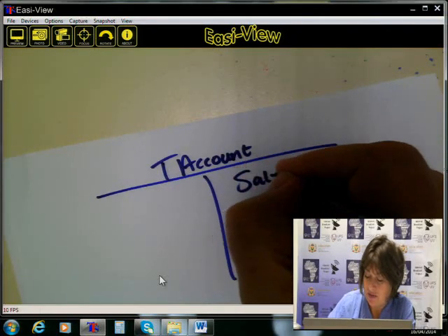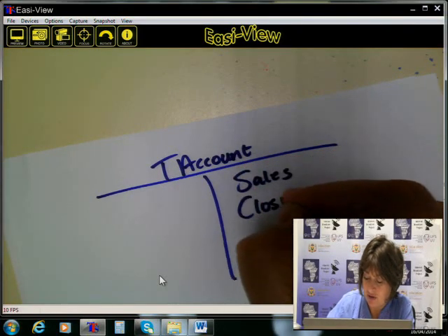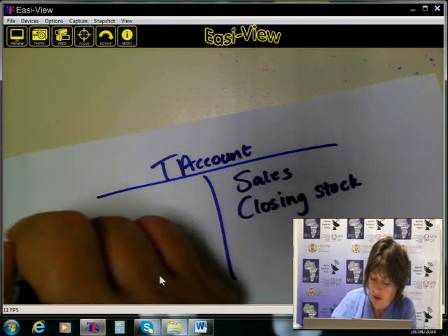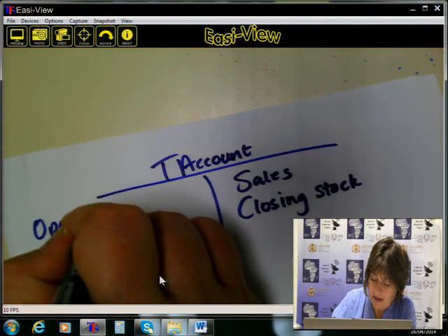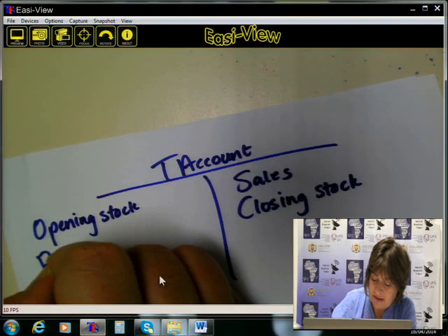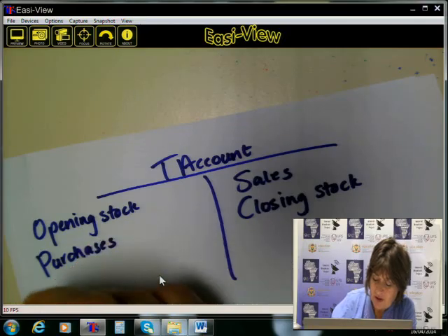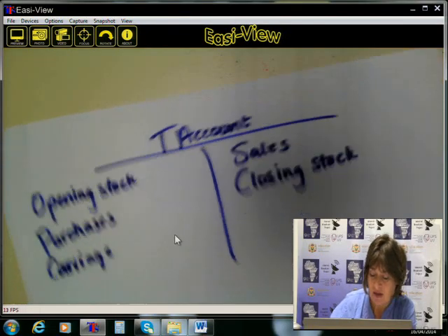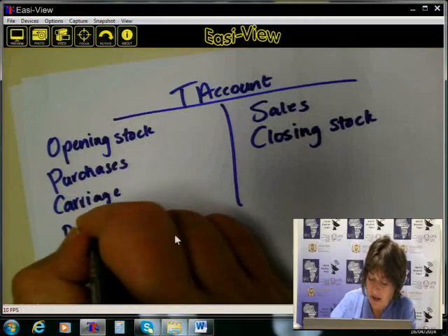We've got sales on the credit side. We've got closing stock on the credit side. We've got opening stock on the debit side. We've got purchases. We've got carriage on purchases. And we've got profit and loss.